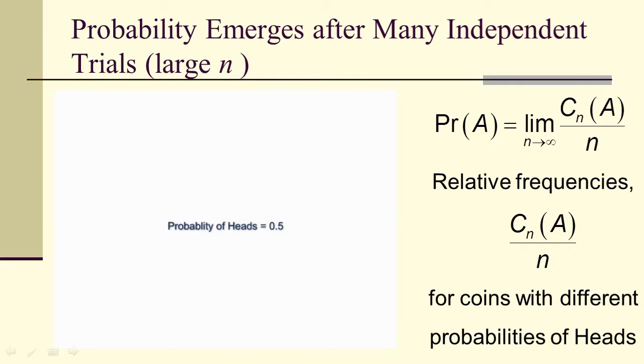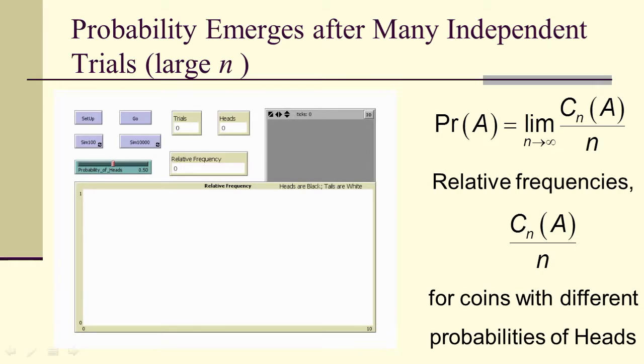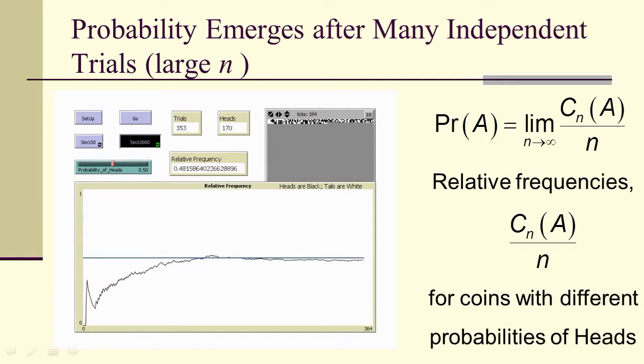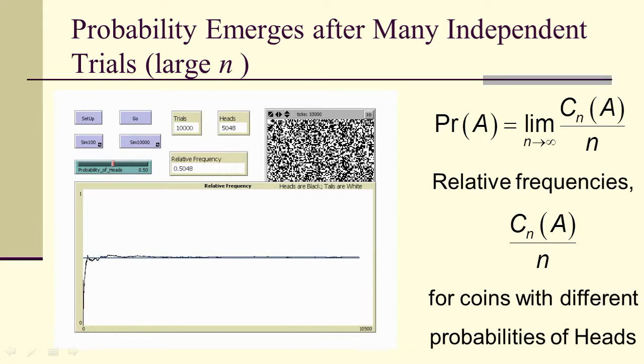So we can look at this pictorially. We have here a little simulation. Notice that the probability is a half in this simulation. For small values of n, so for a lower number of trials, the relative frequencies aren't anywhere close to a half. But notice that as n increases in size, the relative frequency approaches the theoretical probability. There's actually a theorem which says that this happens, called the law of large numbers.